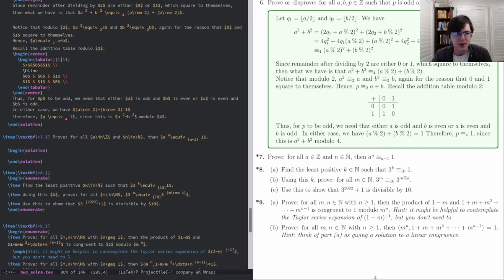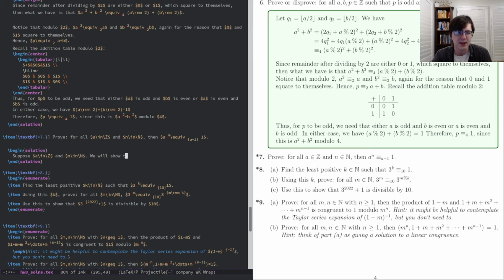Okay, prove for all a and n, then a to the n is 1 mod a minus 1. So let's say, suppose a is in the integers and n is in the natural numbers.